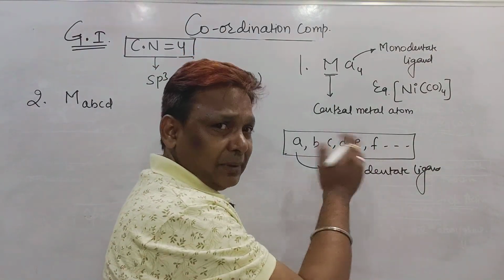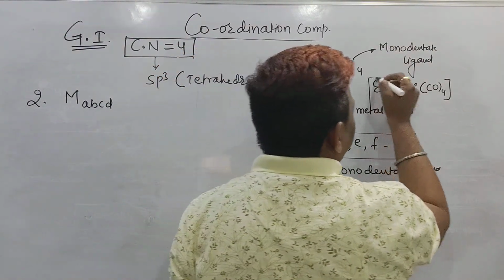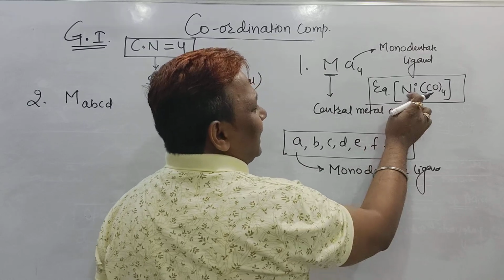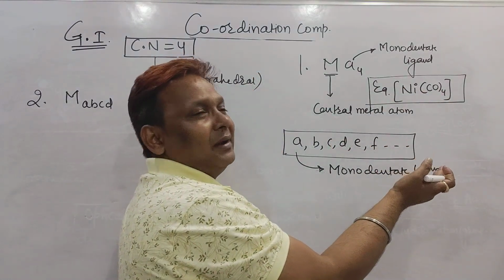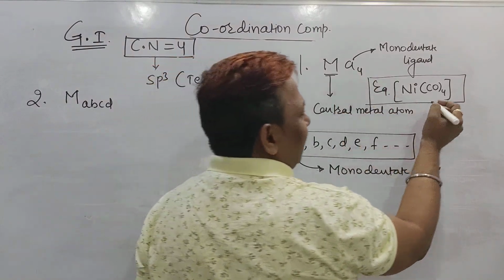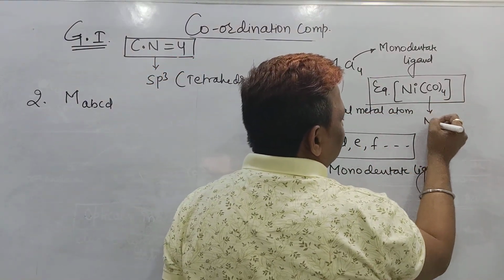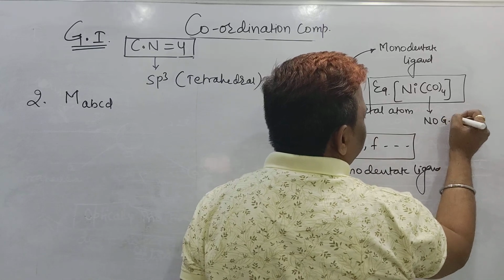This is example number 1 that we checked previously. In this example, in Ni(CO)4, Ni is the metal M, and CO is a monodentate ligand, so it is MA4. So I can say this compound does not have geometrical isomerism.